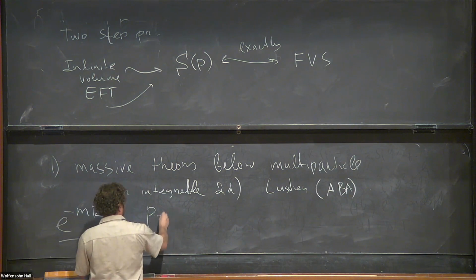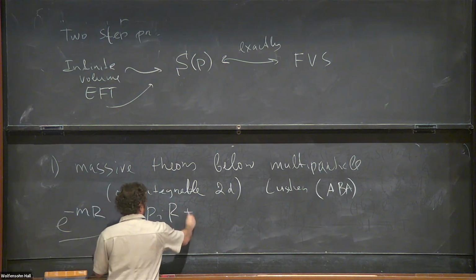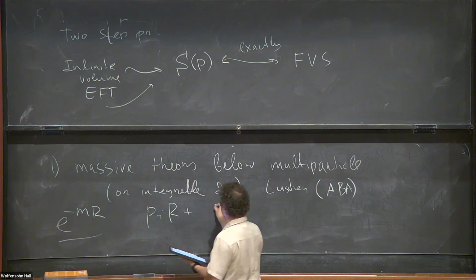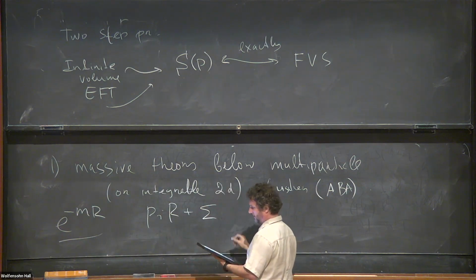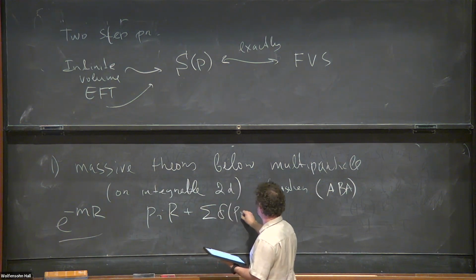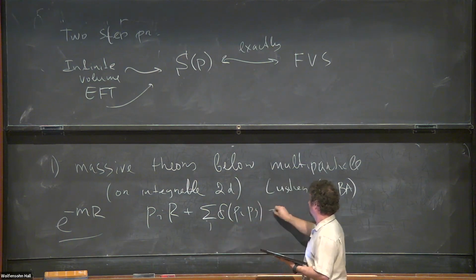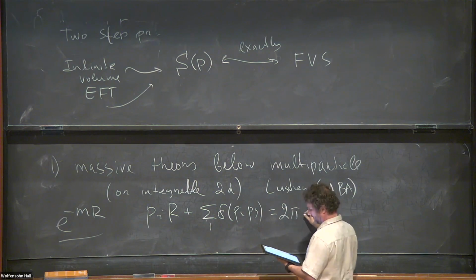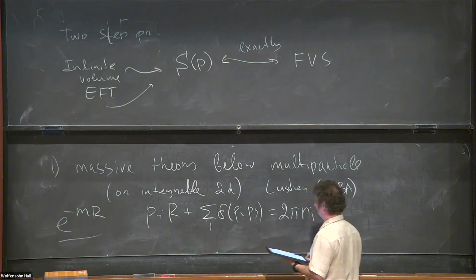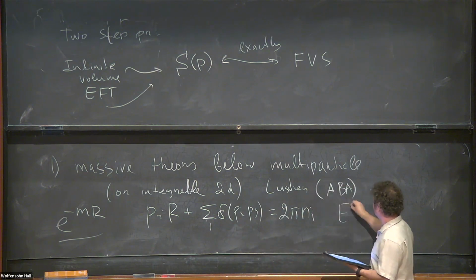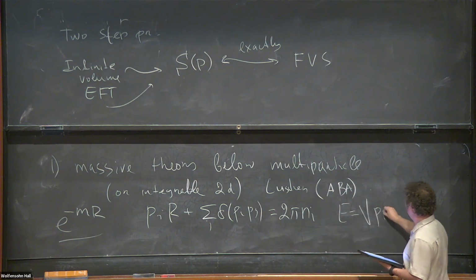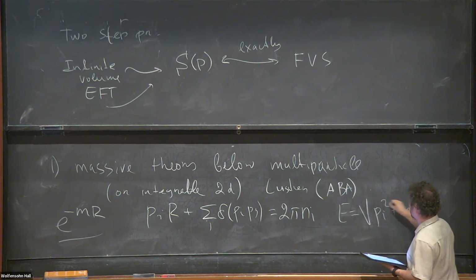You have particle i. You write a quantization condition for its momenta, with delta of p_i, p_j, where these are the other particles present on the circle. Then you calculate the energy as the square root of p_i squared plus m squared.